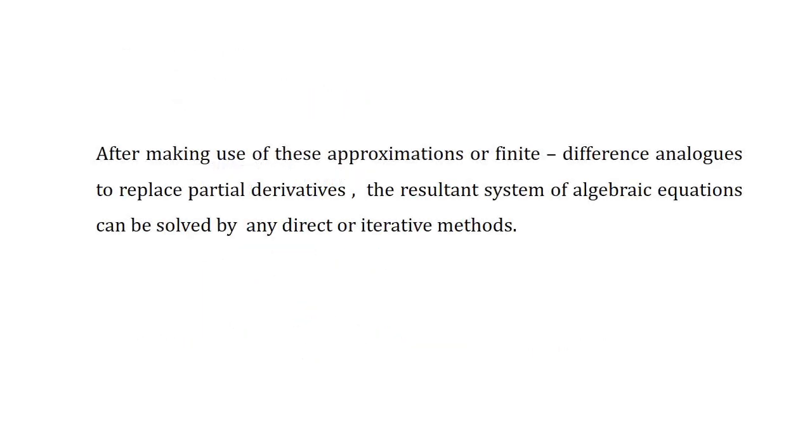After obtaining these finite difference approximations, we can replace the derivatives like u_x, u_y, u_xx and u_yy occurring in the partial differential equations and solve the resulting linear system of equations by direct or iterative methods.